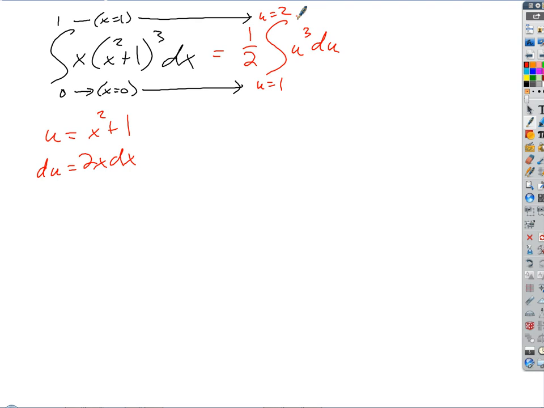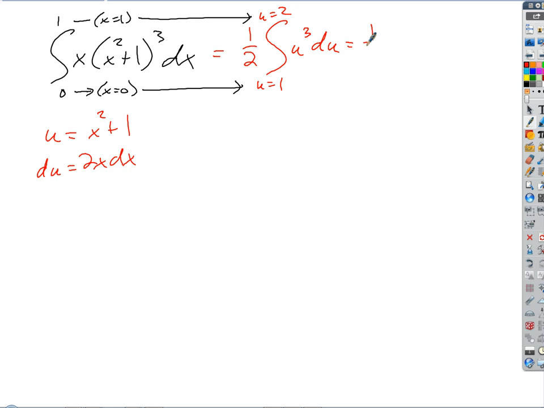So there's no need for us to go back to x's this time, right? So what's the answer to this? It's half of the... well, what's the antiderivative? U to the 4th over 4.